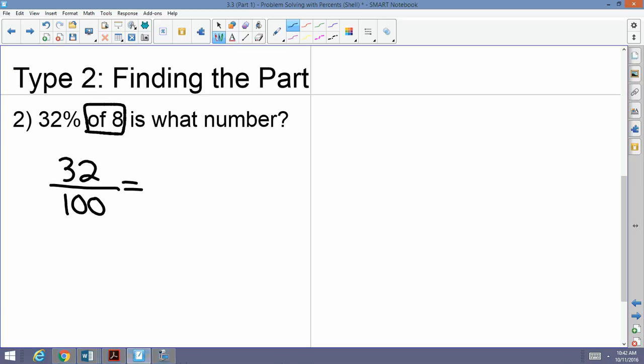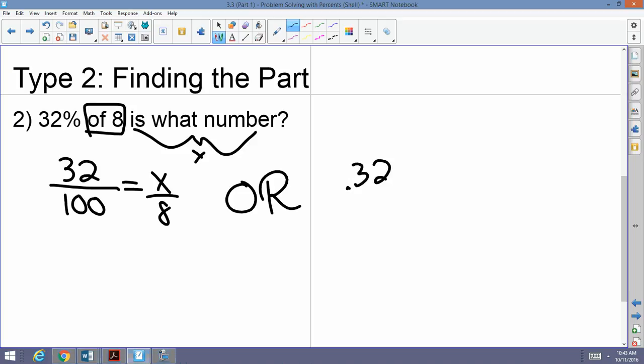They have the of 8 is what number? That's my x. So it's is over of. Or if you wanted to go the equation route, 32%, so that's 0.32, of times 8, is equals what number? X. Either way works with me.